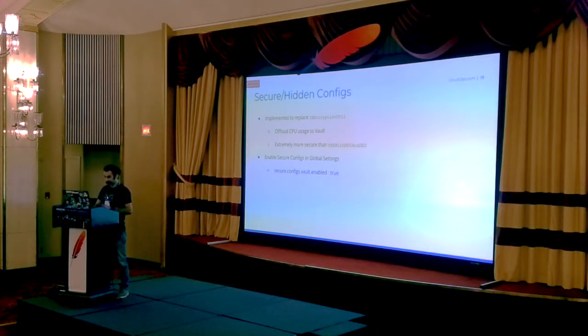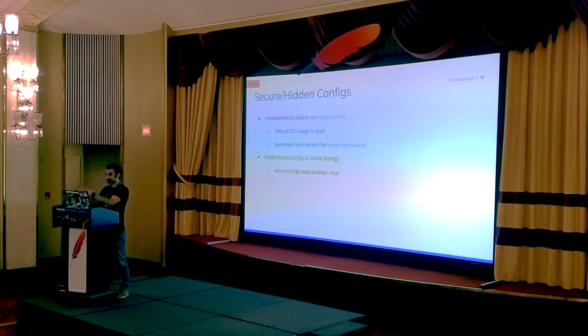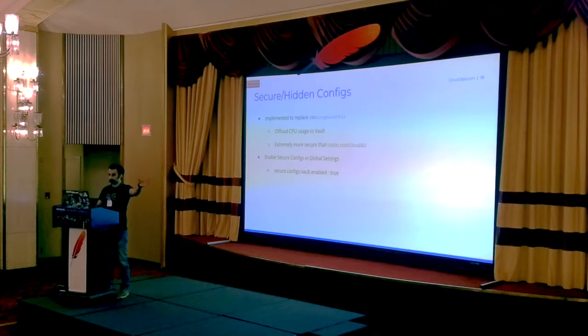In our opinion, it's a better implementation, as well as that it's going to offload the CPU usage for encryption and decryption, because these are CPU intensive. Maybe they are taking, I don't know, 10 milliseconds, but they are taking some time. Instead of putting the load on the management server itself to encrypt and decrypt all those values that we're reading and writing to the database, we can offload it to the Vault.